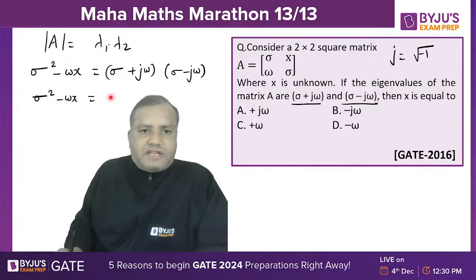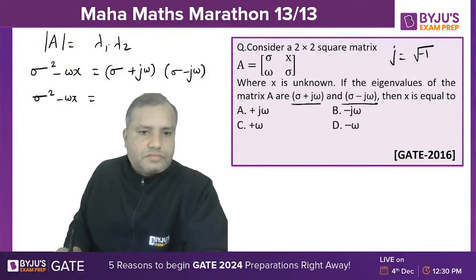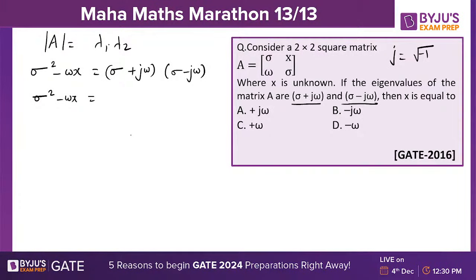A plus B, A minus B. Sigma square minus j square omega square. This sigma square gets cancelled. J square is minus 1.